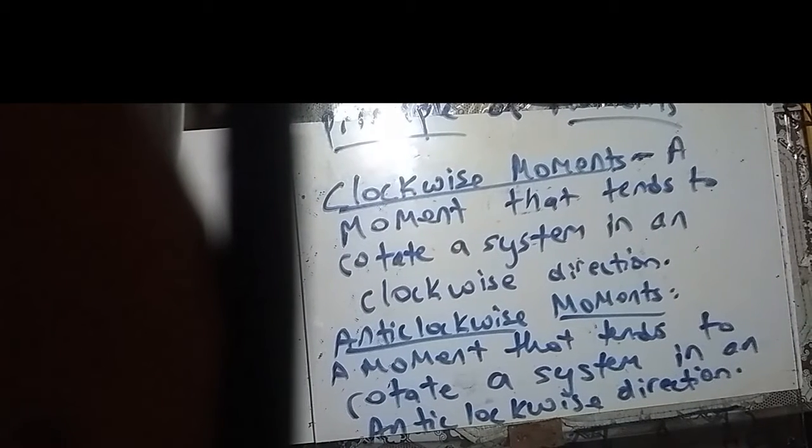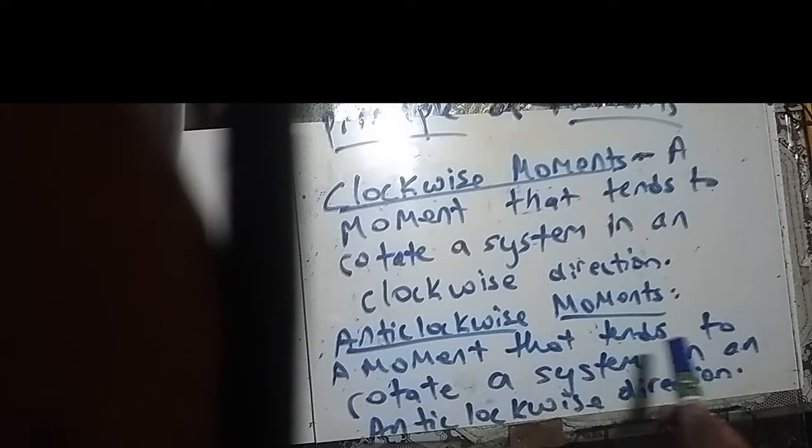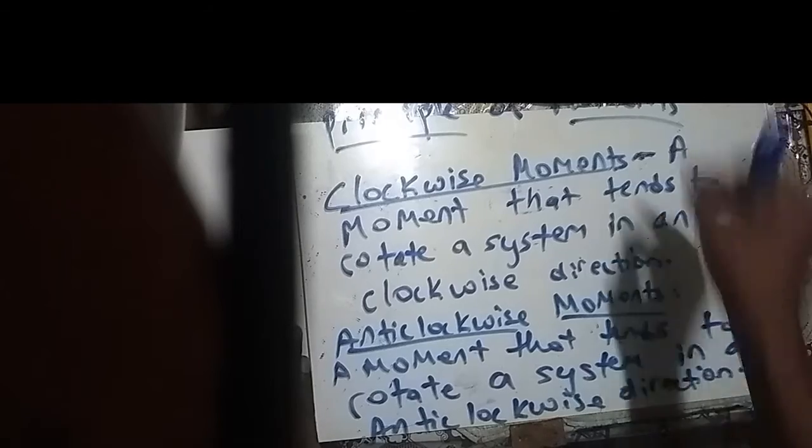Okay? So now let's see. The anti-clockwise direction is the direct opposite of the clockwise direction. A moment that tends to rotate a system in an anti-clockwise direction, that is the anti-clockwise moment. The anti-clockwise moment, which is the opposite of the clockwise moment, is a moment that tends to rotate a system in an anti-clockwise direction. Now what do I mean by all of this?